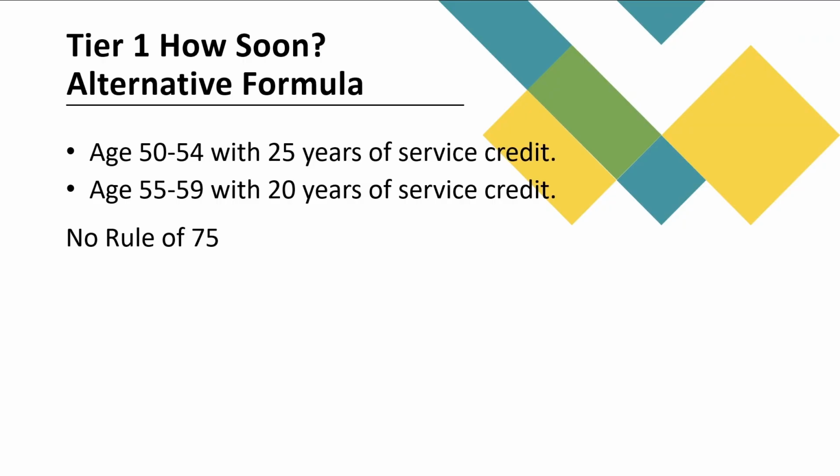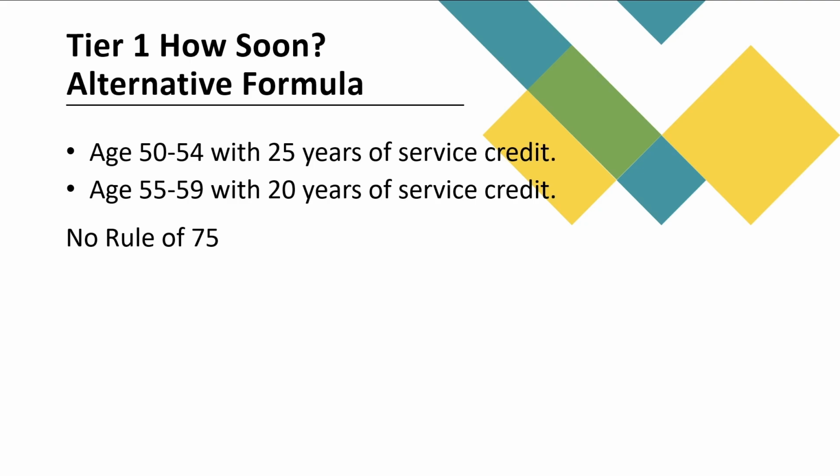When it's discussed about Tier 1 alternative formula, how soon can they become eligible to retire? They fully have to meet both criteria again, meaning they have to be at least age 50 and 25 years of service credit. They have to at least be age 55 with 20 years of service credit to be deemed eligible to retire.